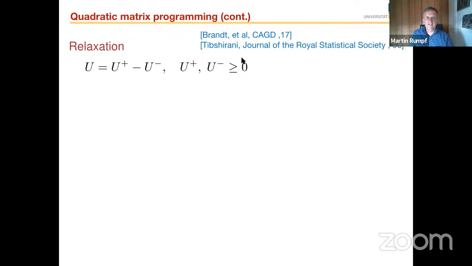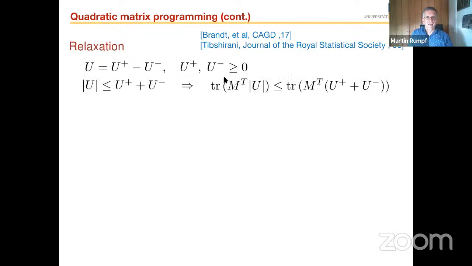Under this constraint, u plus is positive and u minus, which plays the role of minus the negative components, is also assumed to be component-wise non-negative. And then, due to this inequality here, which is obvious, just a triangle inequality, we can estimate this term arising in the optimization problem by this term with these constraints. That would be a quadratic sequential program.